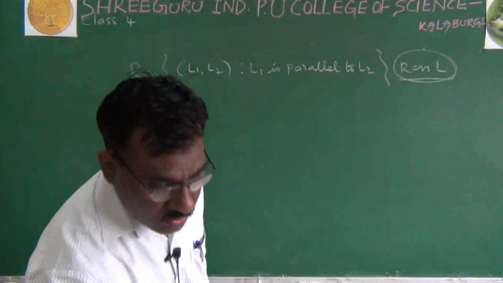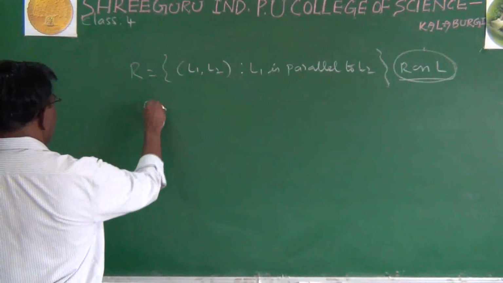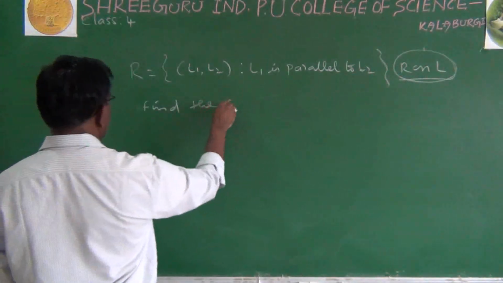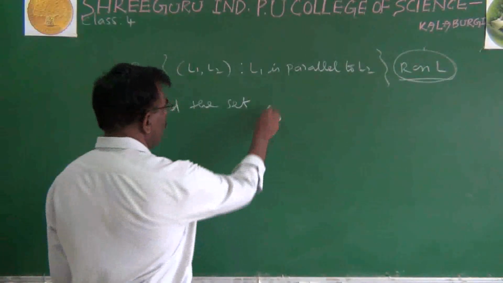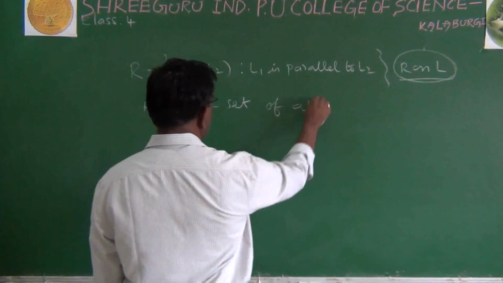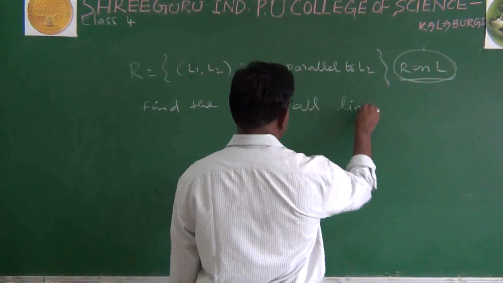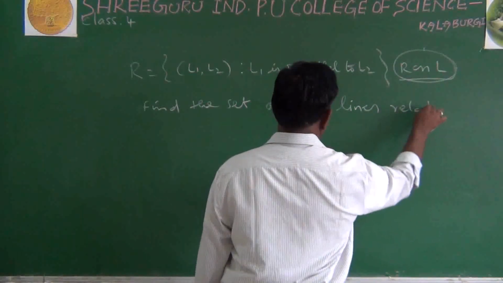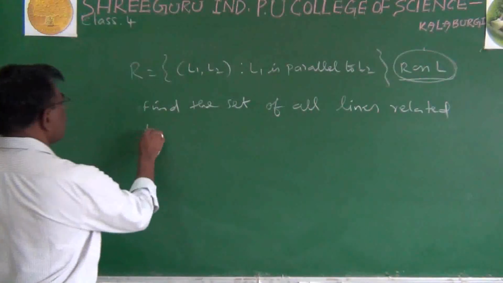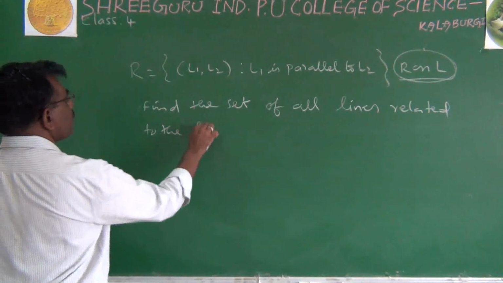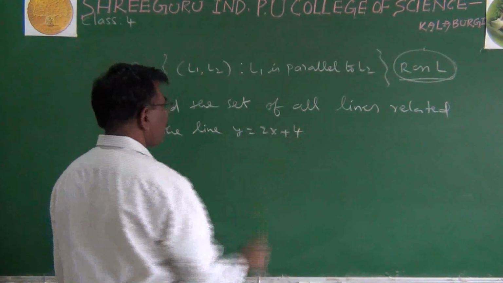What is the question? Find the set of all lines related to the line y equal to 2x plus 4.